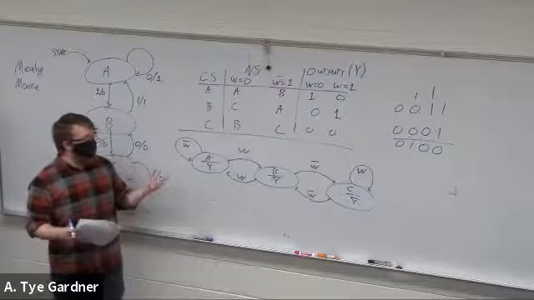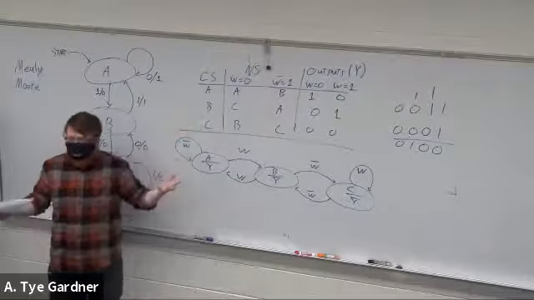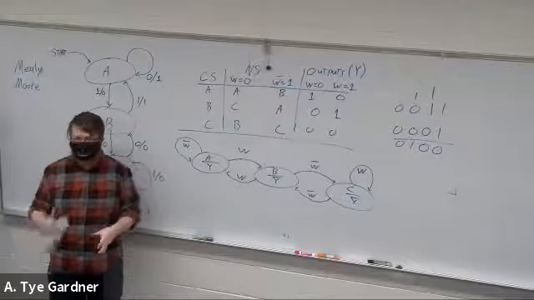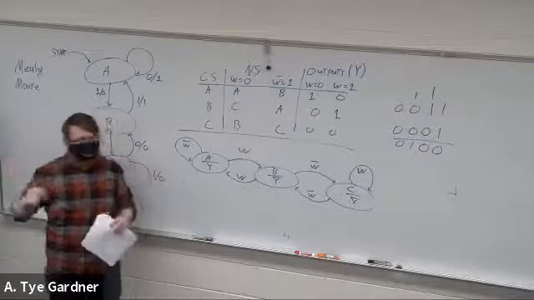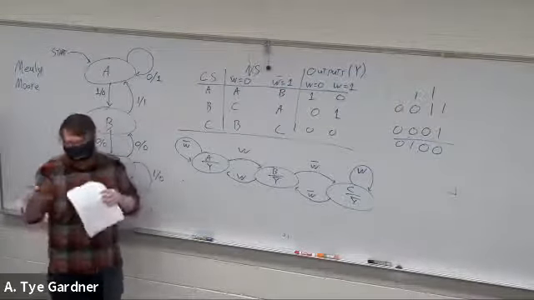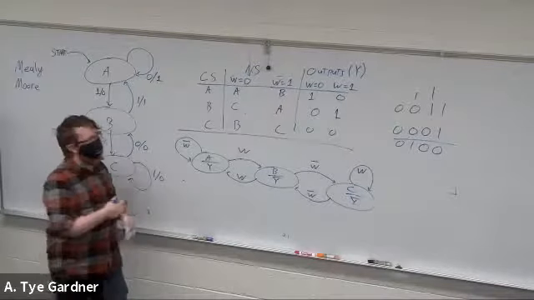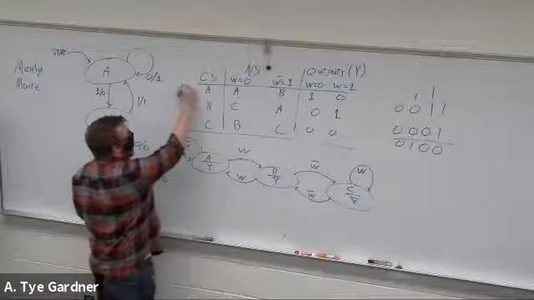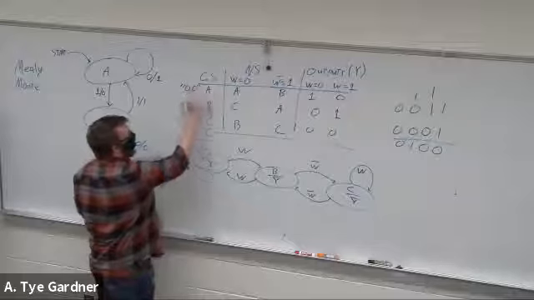Now, the reason you want to use A, B, and C as their names is because they can be descriptive. I want to be in idle, right? But the name has to be associated with a binary number, like 0, 0.